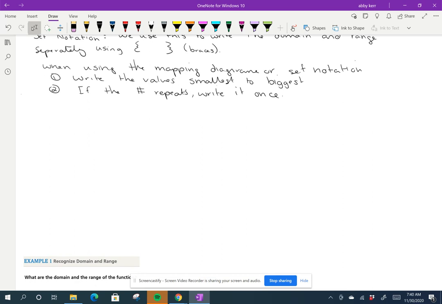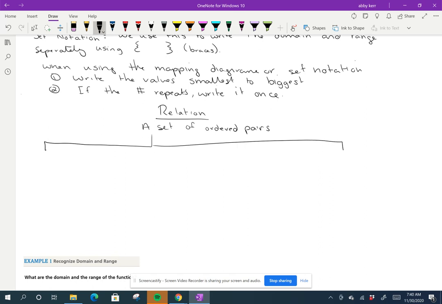Now, I'm going to write a tree map to help you organize your thoughts a little bit. On the top of our tree map is a relation. Now, we hinted at what the relation was. It's a set of ordered pairs. Now, a relation can break off into two branches.